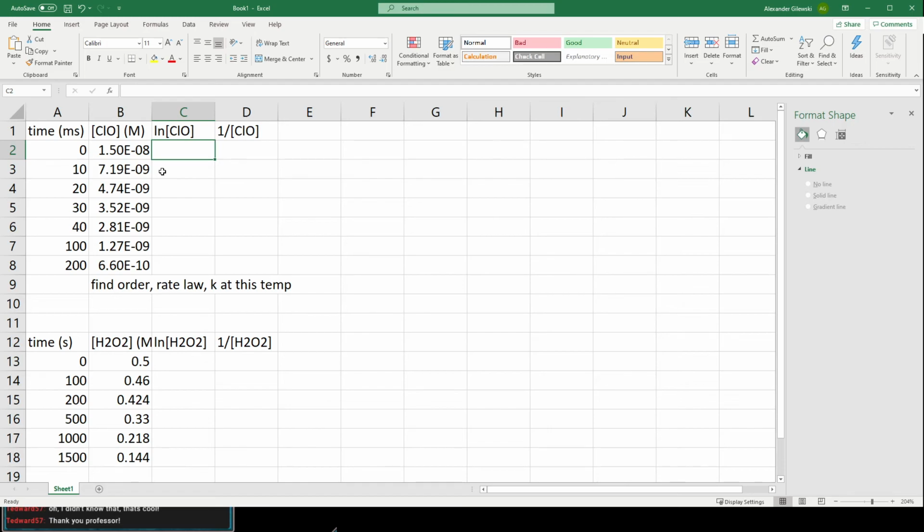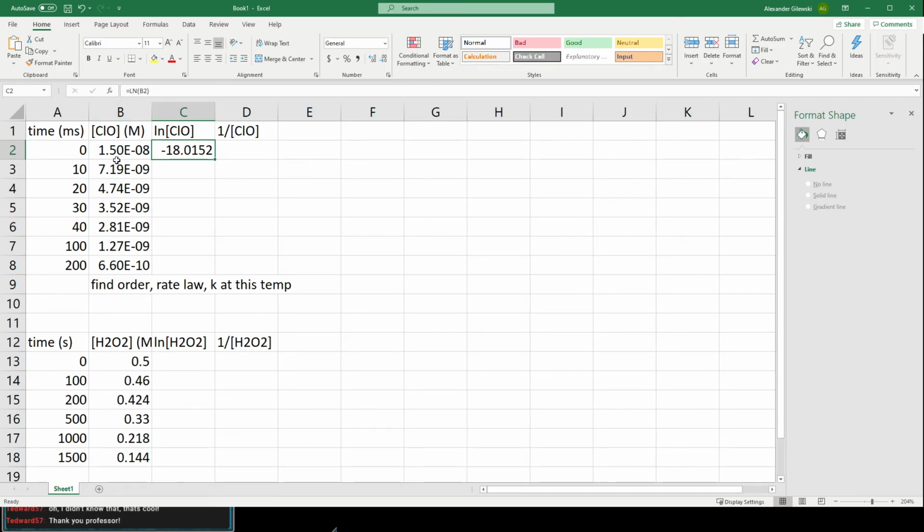How we would do this, once you put in your data, you're going to want to take a look at the natural log of the concentration as well as the inverse. How we can tell Excel to do this is just have it calculate the natural log by inputting a formula.